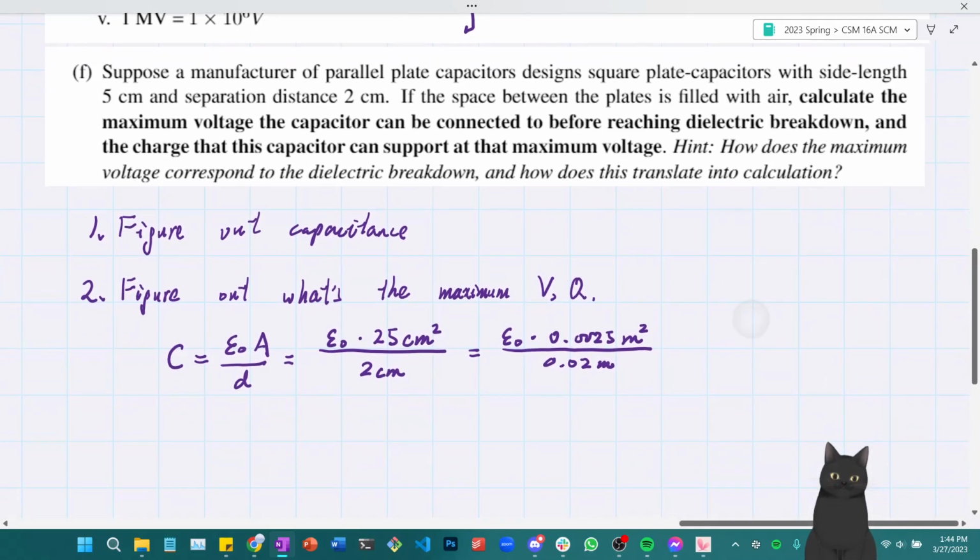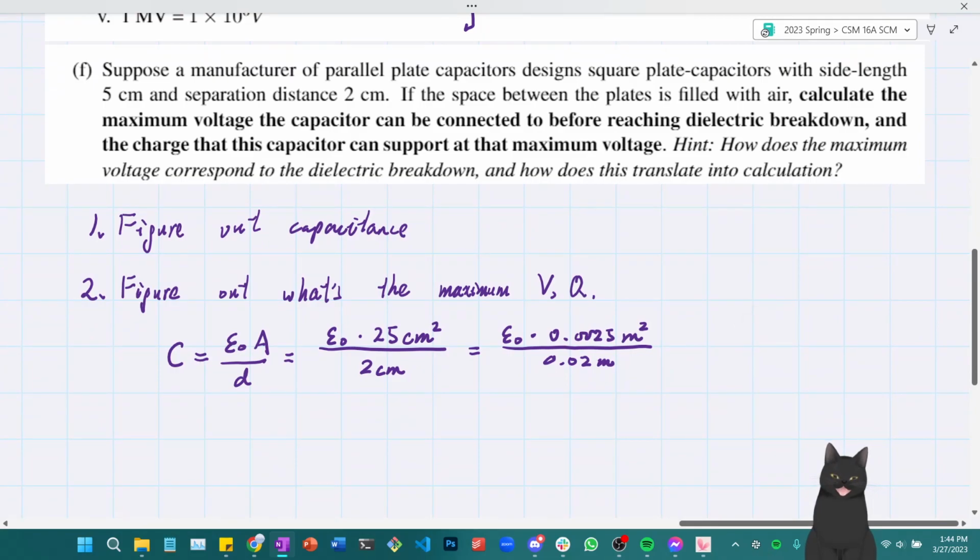Okay, so now I have the capacitance. To get the maximum amount of charge I can store, I need to first get the maximum voltage across the circuit, because Q is equal to CV. So let me first calculate Vmax.